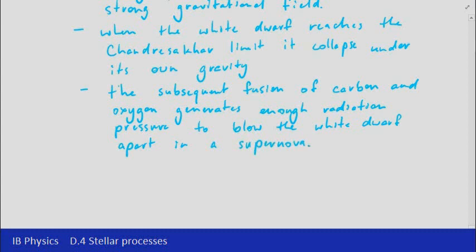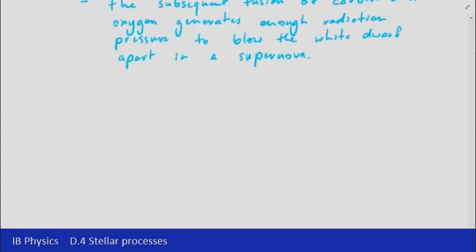Fairly straightforward: the white dwarf gets too big, having dragged some more mass into itself, and the radiation pressure caused from the fusion of carbon and oxygen is just too much, and the star can't cope and blows apart.